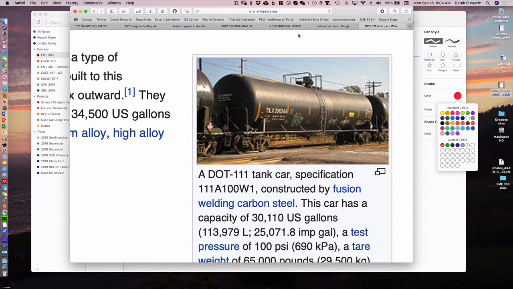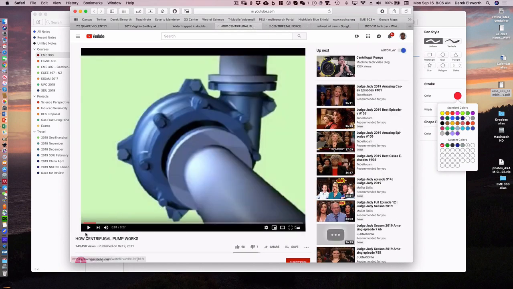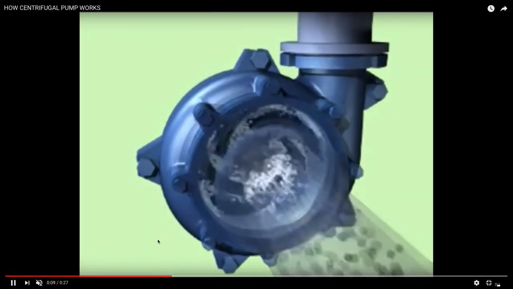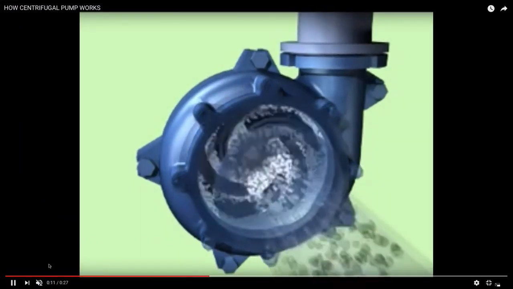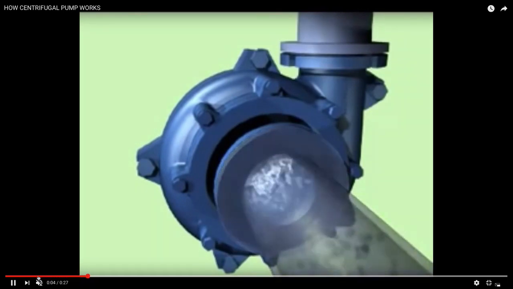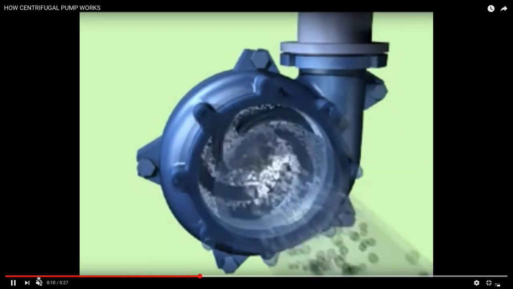The other thing that it impinges on is that we'd also be interested in this as a form of acceleration in terms of how a centrifugal or centripetal pump works. The basic idea is that if you want to pump things, one way to do it is to have a turbine that takes the fluid and flings it out to the edge as it spins around.